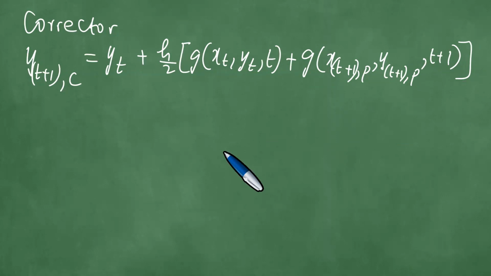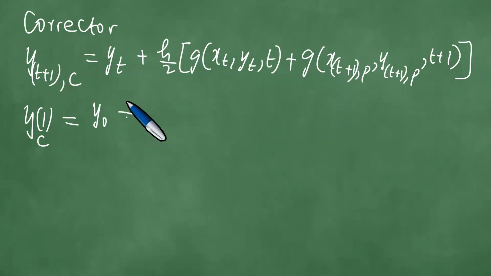Okay, now let's get this Y1 corrector. The one here is going to occur when T is 0. And this gives us, we can write as much as Y0, H over 2. Just writing the H, but you can use the delta T.